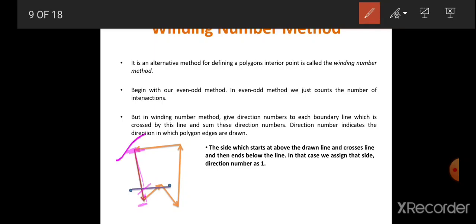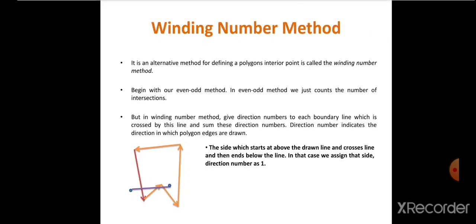Then at that time I have to consider the count as 1, okay. Here you can see that the number of that point of intersection will be considered as 1, because the line started above and is ending below that drawn line, that is why we are counting it as 1.